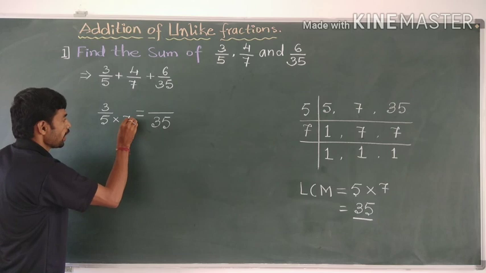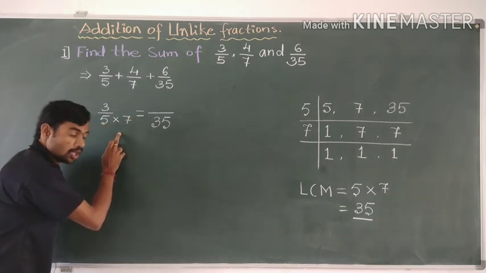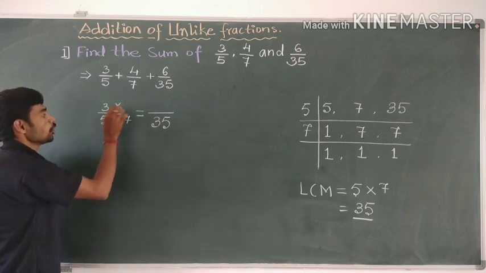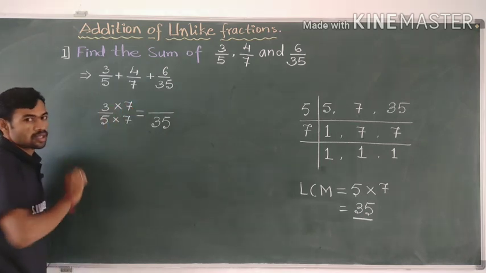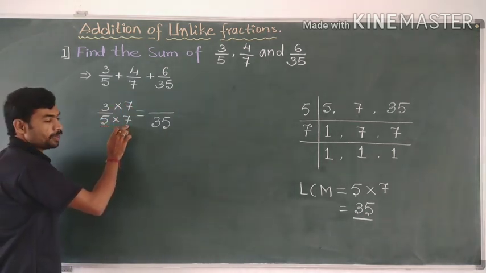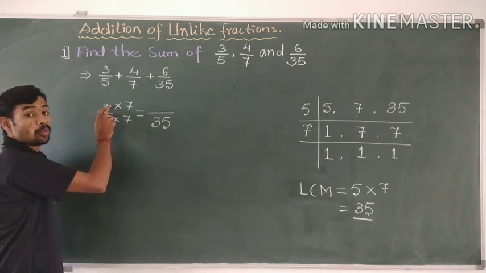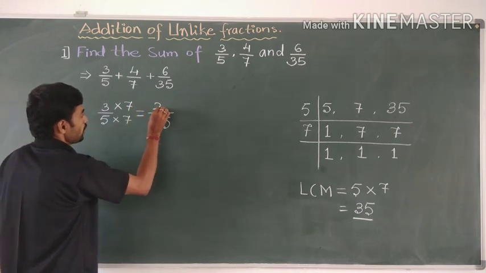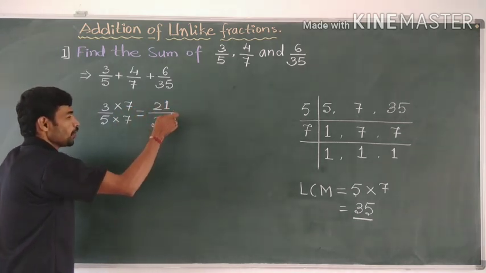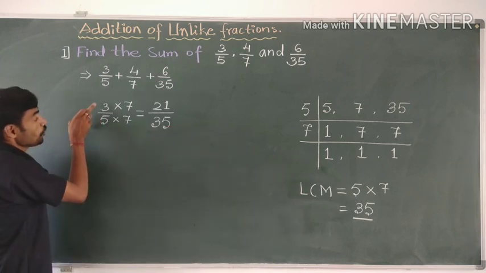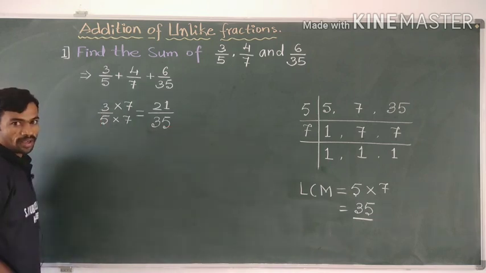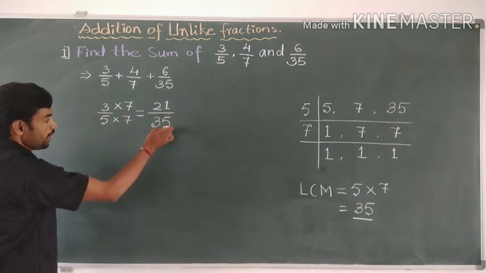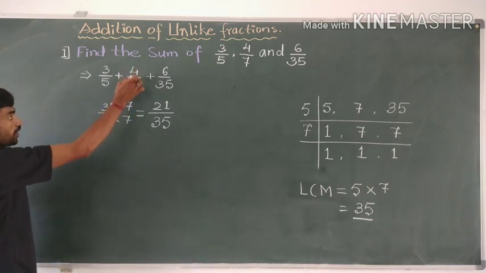We multiply by 7. If we multiply the denominator by 7, we also multiply the numerator by the same number 7. 3 sevens are 21. So 21 by 35 is the equivalent fraction of 3 by 5. Next, take the second fraction.